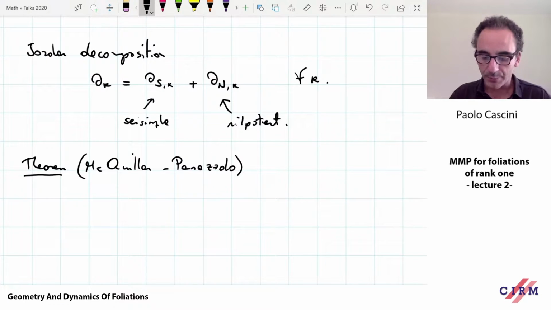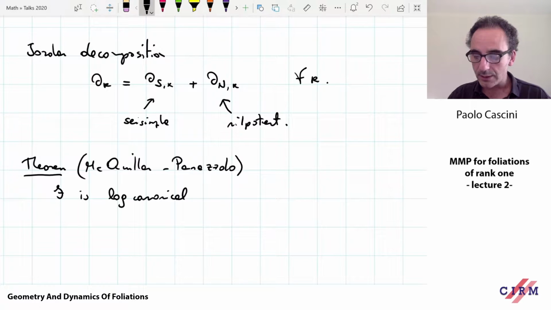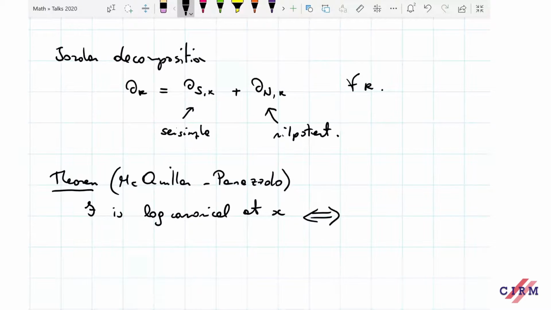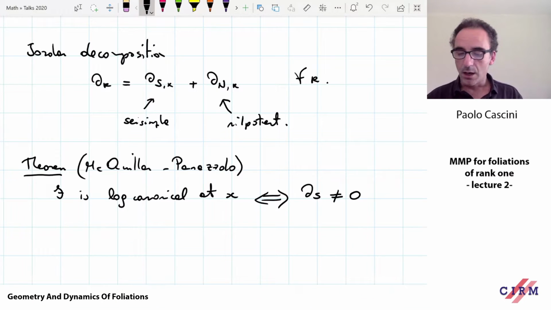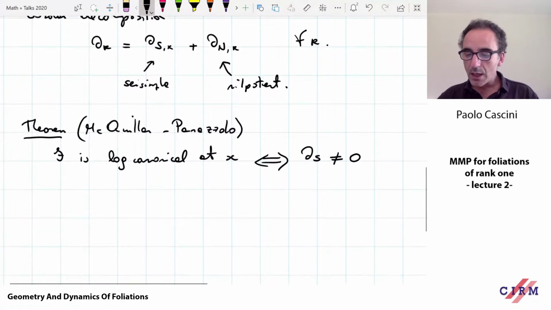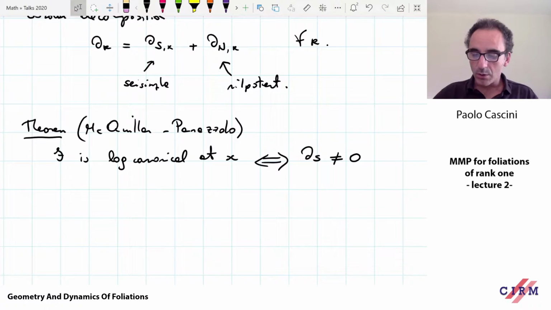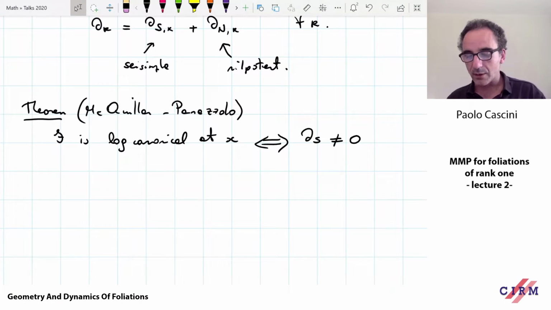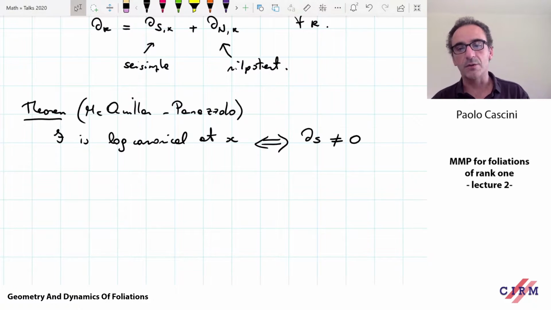Namely, for instance, just to give an example, assuming that x is an isolated singularity, then F is log canonical at x if and only if the semi-simple part is non-zero, where by this we mean the limit of all the semi-simple parts that we got by taking k equal to infinity. So I'm not sure if we defined log canonical in the last two days, but somehow it's one of the singularities that play a role in the minimal model program.